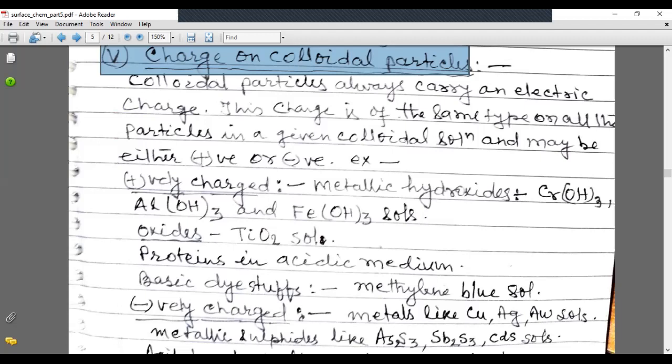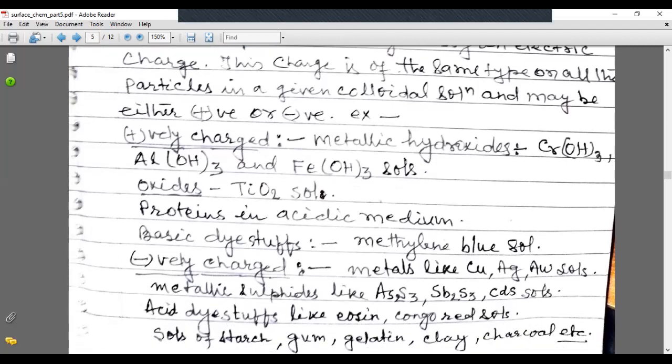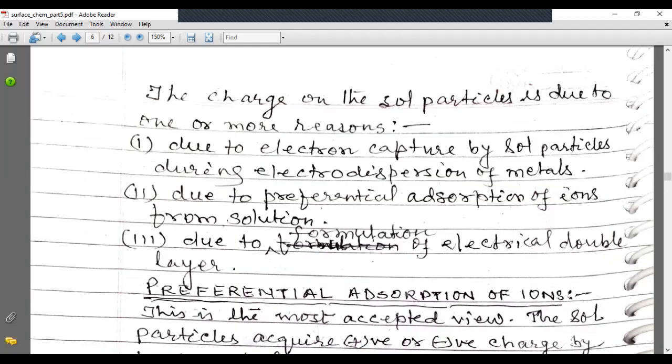Now next is negatively charged colloidal solution: metals like copper, silver, gold, etc.; metallic sulfides like As2S3, Sb2S3, CdS; acid dyestuffs like eosin, Congo red; salts of starch, gum, gelatin, clay, charcoal, etc.